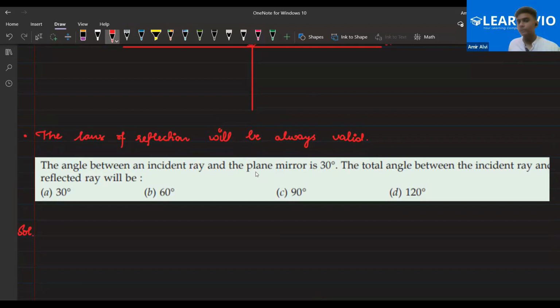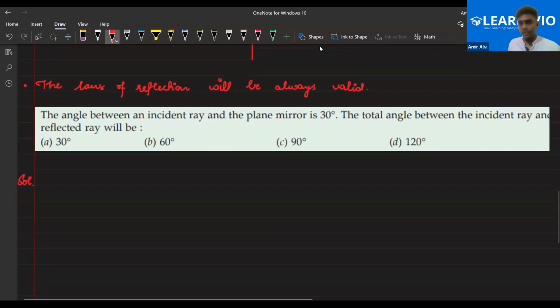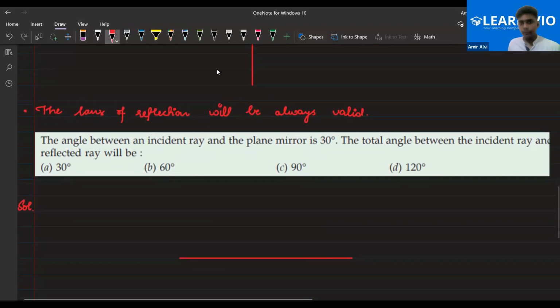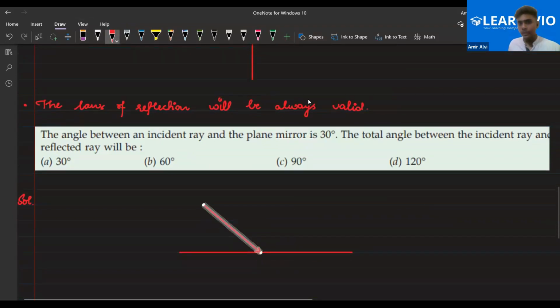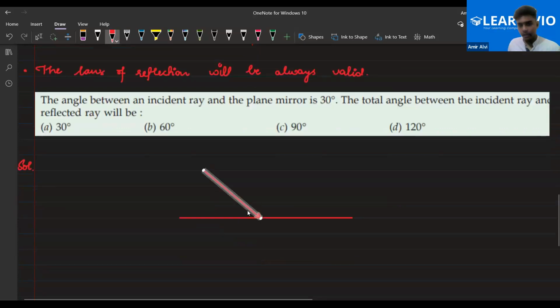We can take this plane mirror as a reference of the smooth surface. Suppose a ray is getting incident on the surface, and the angle between the plane mirror and the incident ray is 30 degrees.